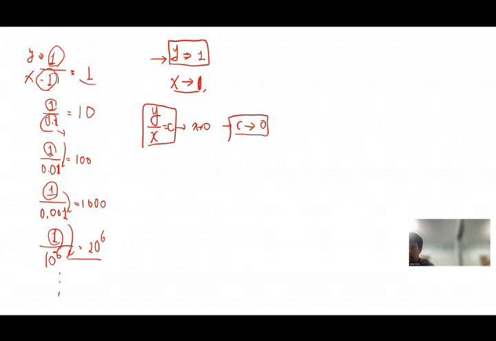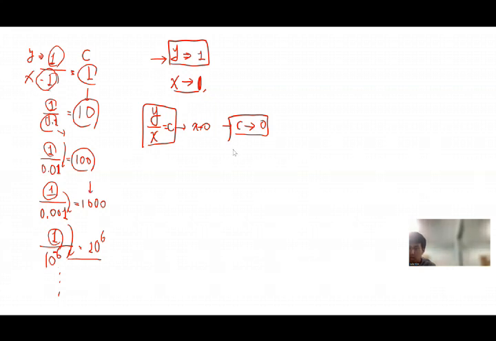So take a look at the c. This is c, and if you put 1 in the denominator, it was 1. Now if you put 0.1, c becomes 10. 0.01 for x makes c become 100. Now 0.001 for x makes c 1000.